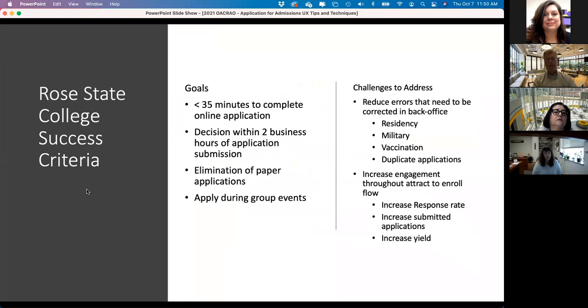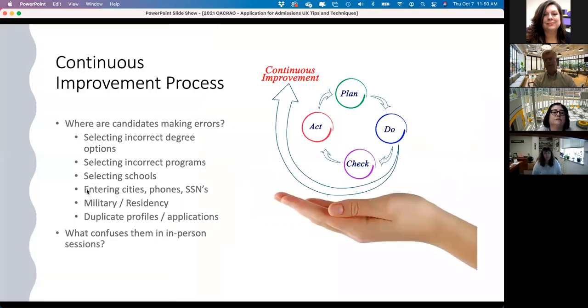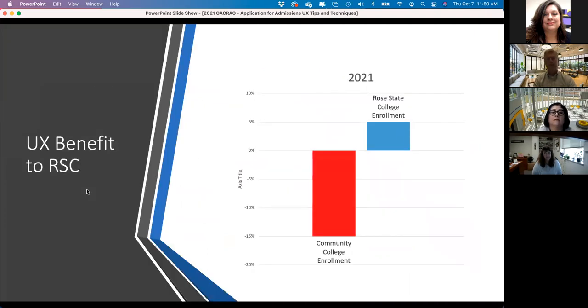Michelle already talked about the continuous process improvement, where we're always looking for ways to improve, even after go live. The idea is, what's your biggest thing that's causing challenges for your candidates? Do we have ways that we can fix that?